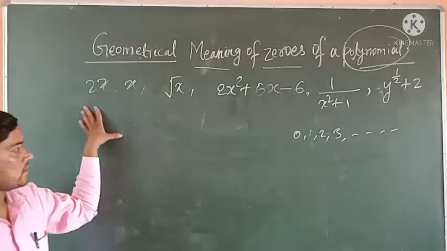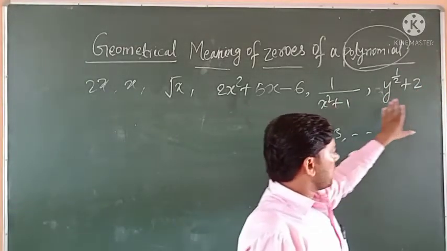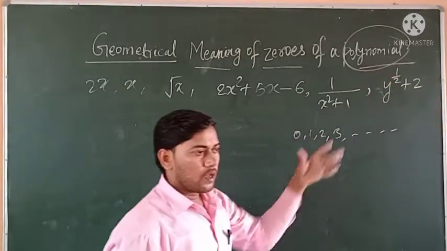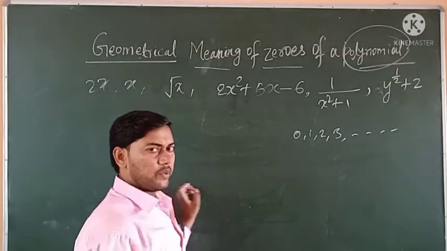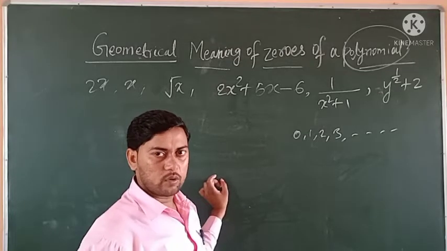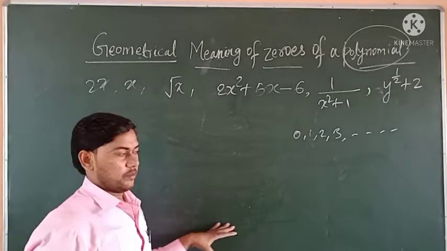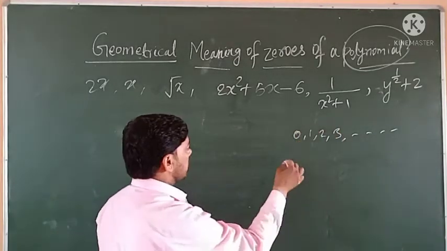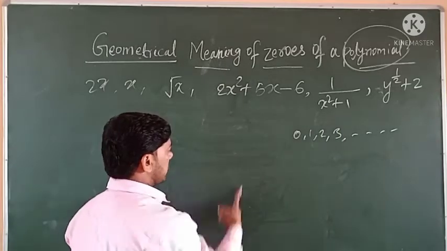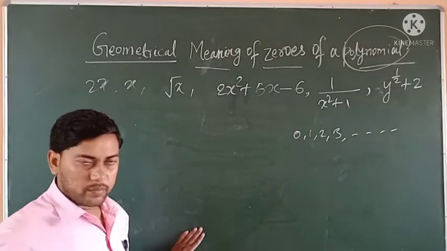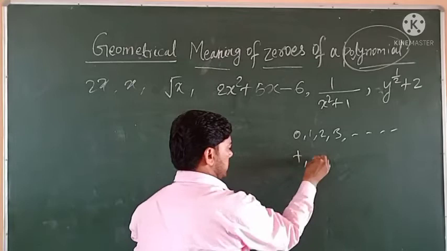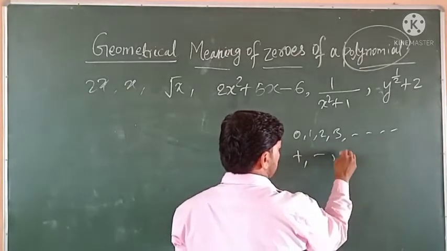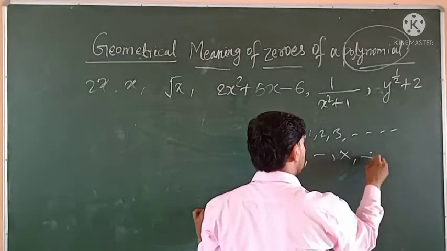See, these all are algebraic expressions. The combination of variable and constant with mathematical operations plus, minus, into and divide is called an algebraic expression.